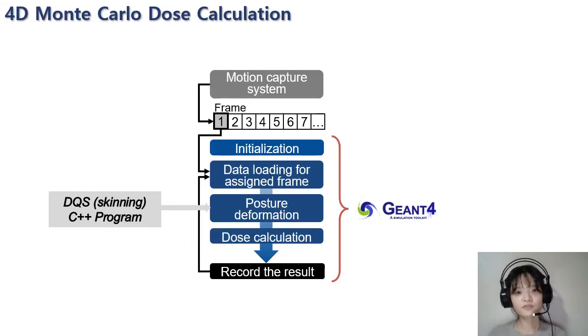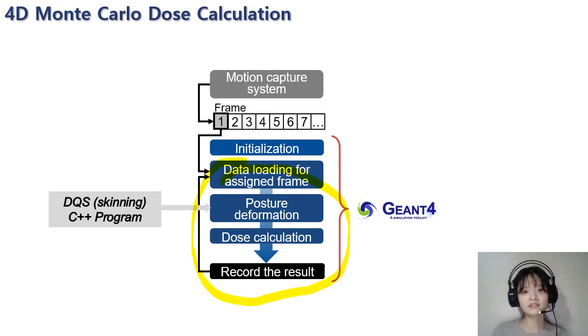For the Monte Carlo dose calculation, a dedicated Geant4 program was developed by implementing the QS Phantom animation program in it. In this program, after the initialization, this loop here was repeated, and it deforms the phantoms for each frame and updates the Geant4 geometry.